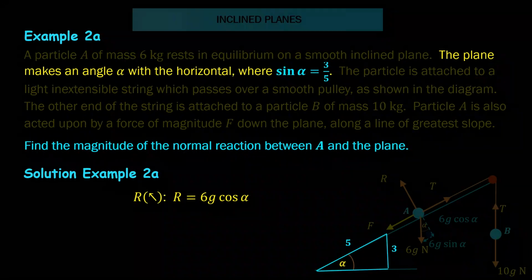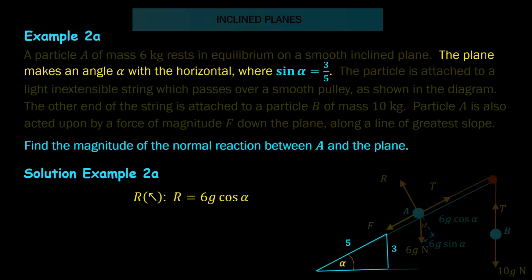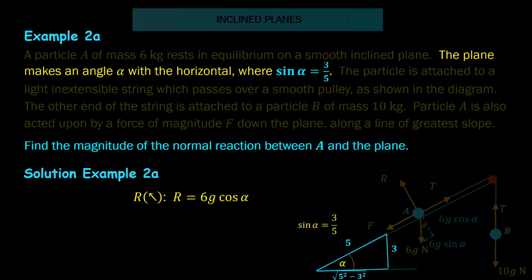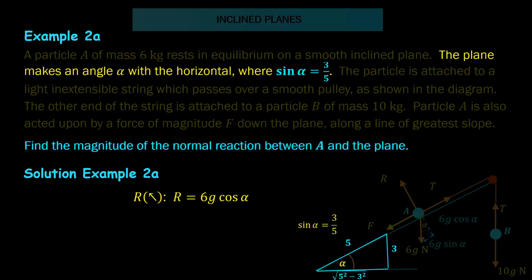And if we look at our triangle here, where we have the value of sine alpha, which is 3/5, we can create a little triangle as shown and find the other side of the triangle in order to find the value of cos alpha. Using Pythagoras, we can calculate this as shown. So this is equal to the square root of 5 squared minus 3 squared, which equals the square root of 16, which is equal to 4.